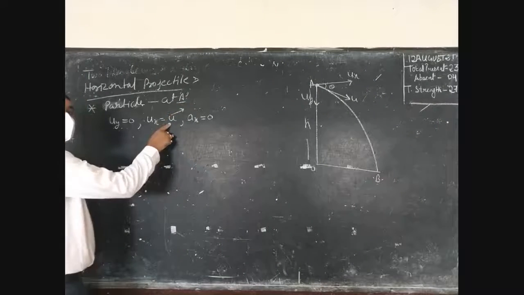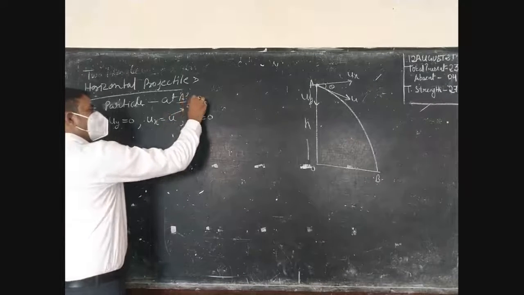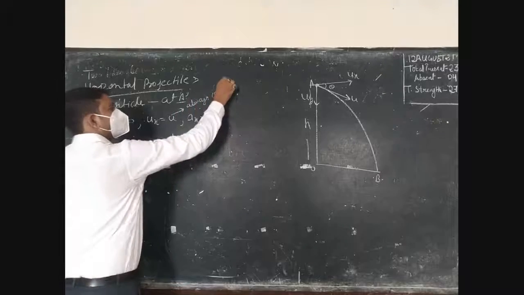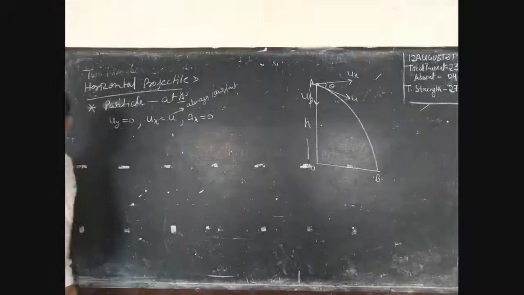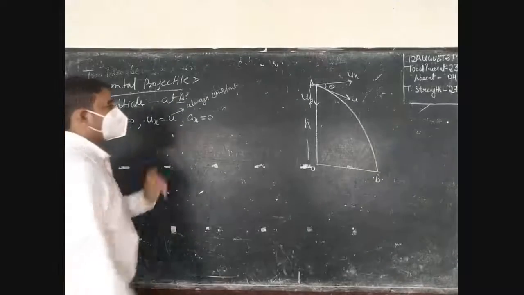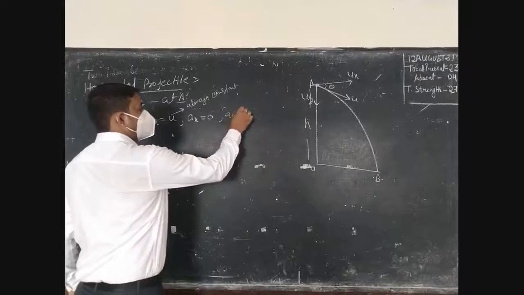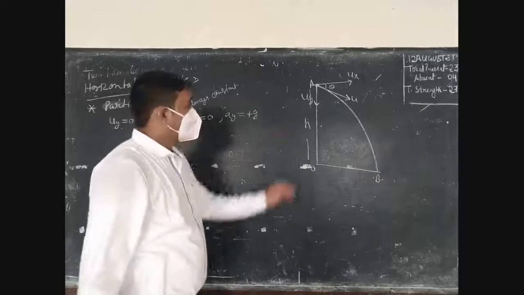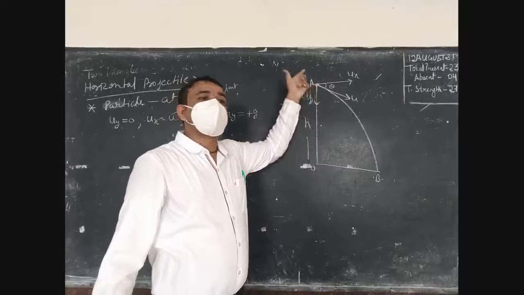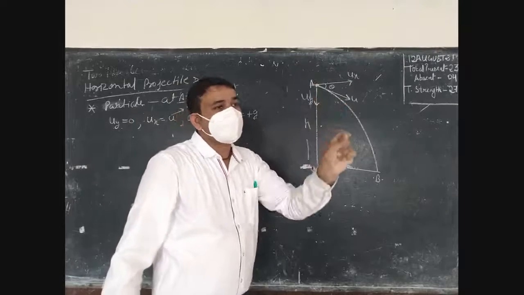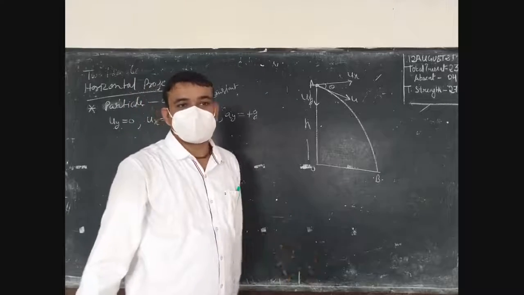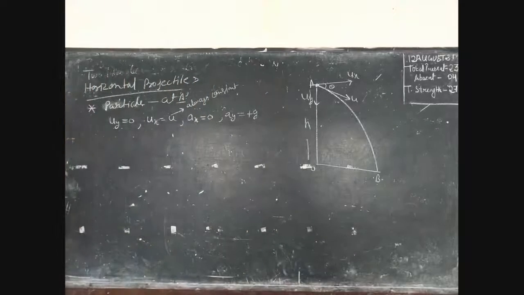That means this ux is always constant. Next, ay is equal to positive g, because the motion of the projectile is considered under gravity, a free fall situation. So you have all these things.